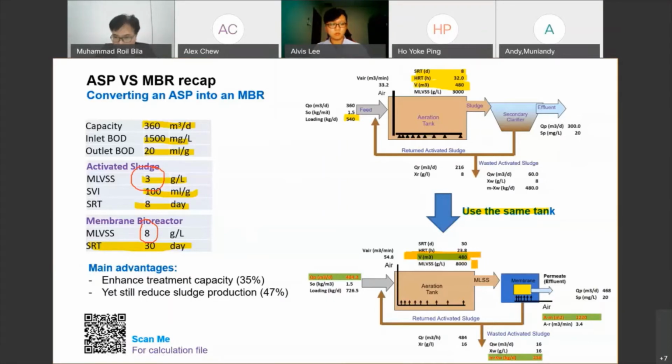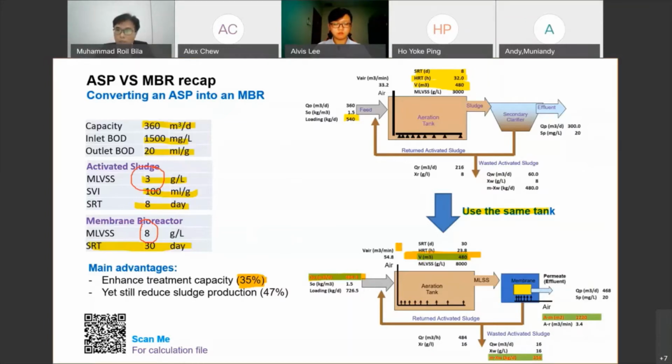So the same volume can treat more of the feed. It's like 35% more of the feed. So basically, without changing the dimension of the tank, I will be able to easily increase the capacity of the system by 35%.